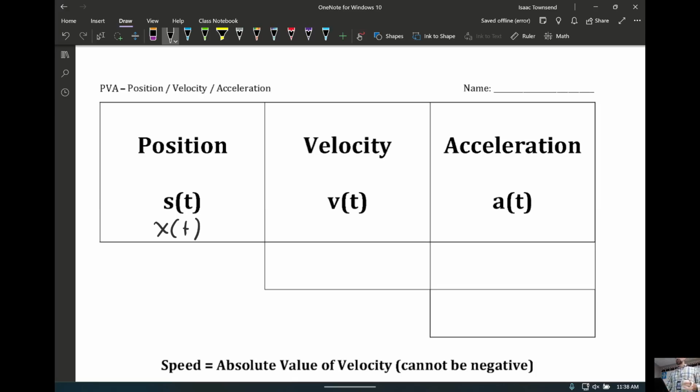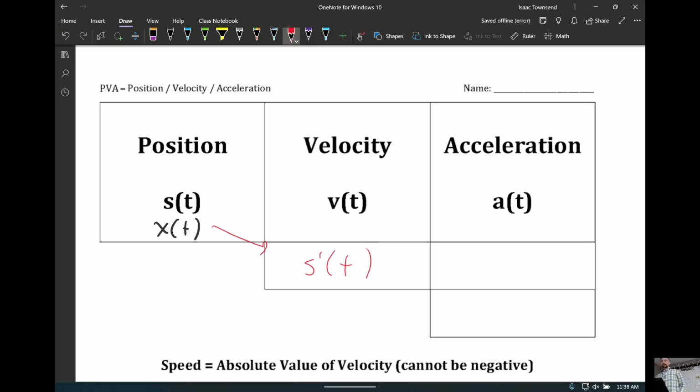But we also have a velocity function, which sometimes we call v of t. What you need to know is it's the derivative of position. So the instantaneous rate of change of position, also known as the derivative, ends up giving you velocity.